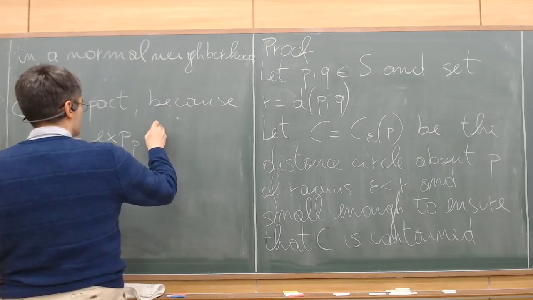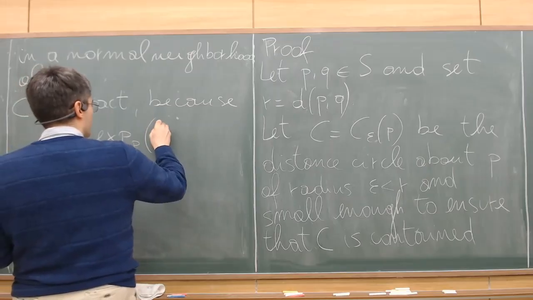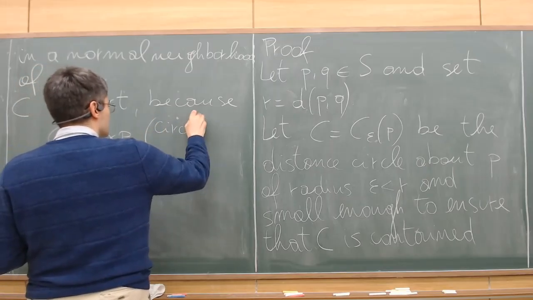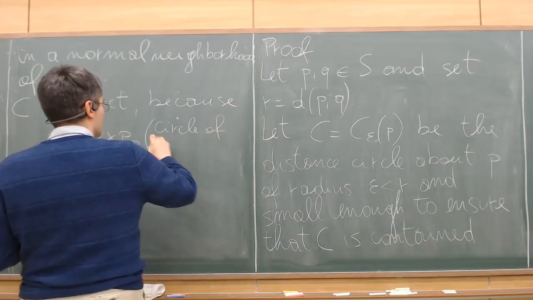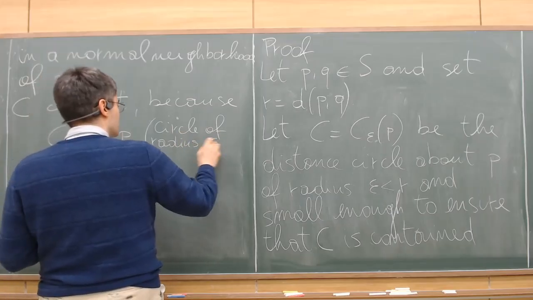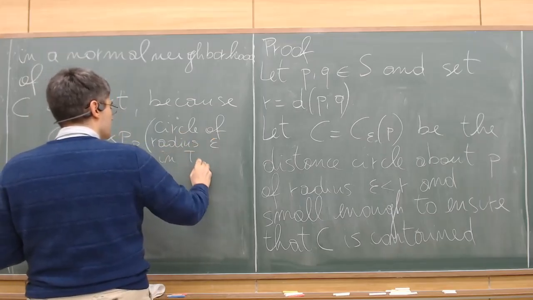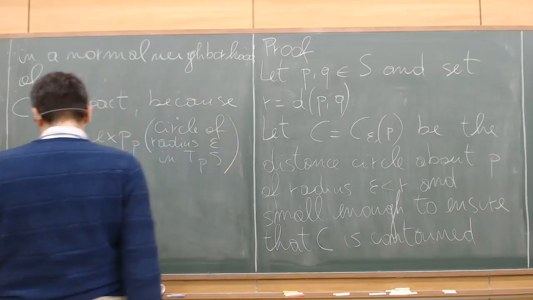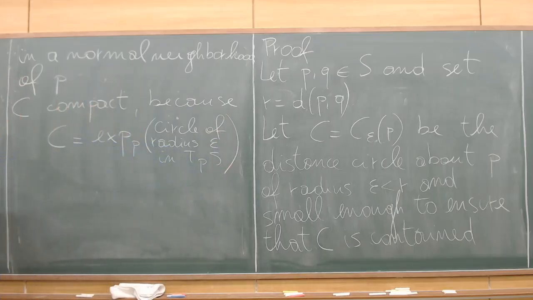Let's write this way: circle of radius epsilon in T_P S, and by continuity of the exponential map, C is compact.